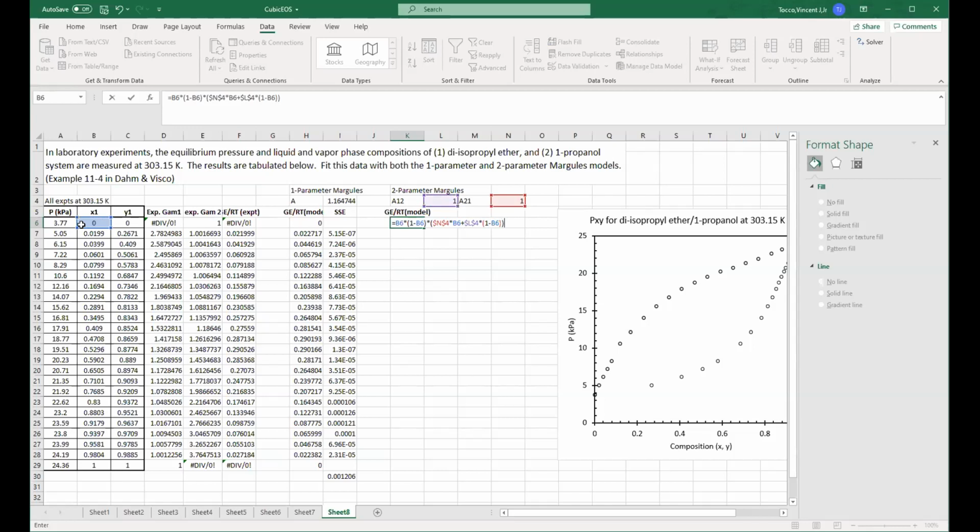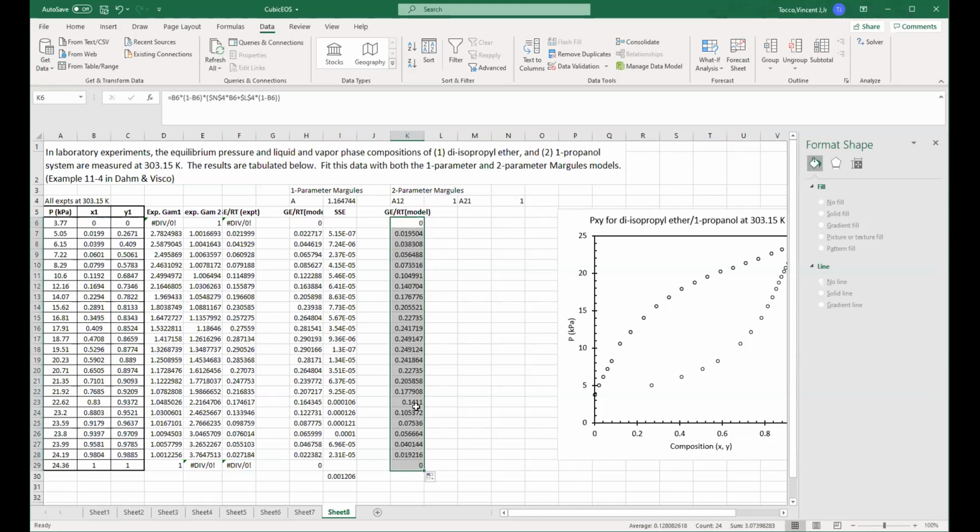All right, hopefully I did not make a mistake in my parentheses. Let's see. That looks pretty good. Let's check it out. Perfect. Got it. And drag it all the way down.